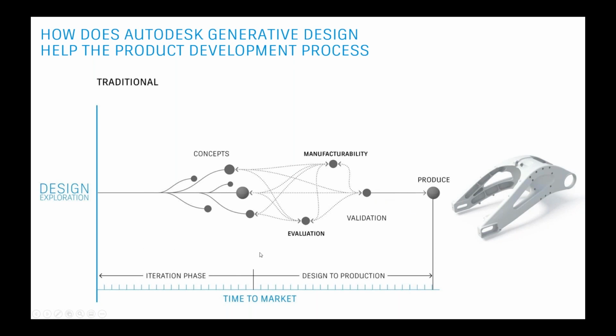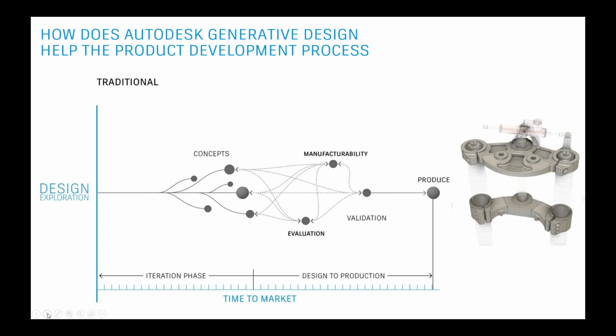So what you have here is a rather long iteration phase, and you also have a potentially long design to production phase until you come up with a particular outcome, like this motorcycle swing arm that you see on the right-hand side here. When we contrast this with how generative design is going to help you, we're going to take a look at something like this motorcycle triple clamp.